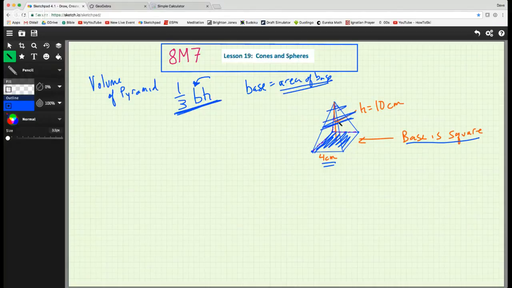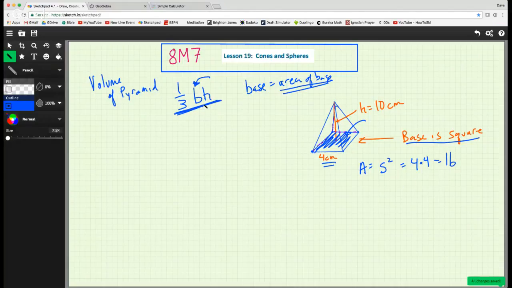Forget about all this up here. Let's just focus on that down there. Well, the area of a square is just the side squared, or the length times the width. That's 4 times 4, which is 16.